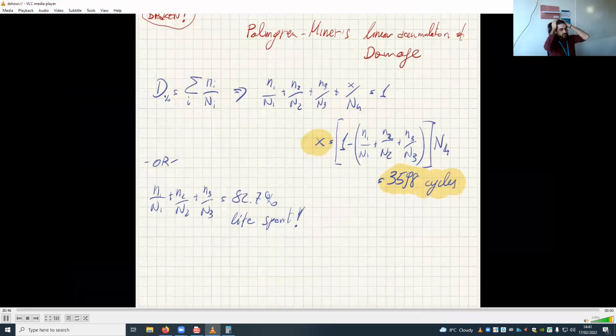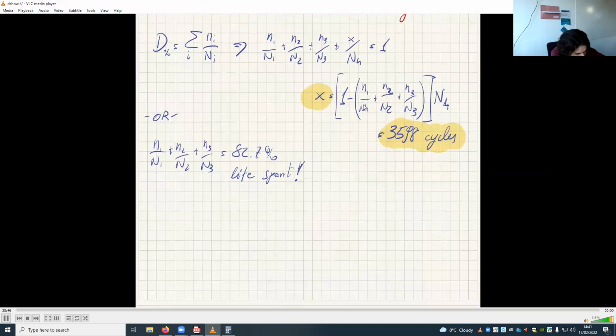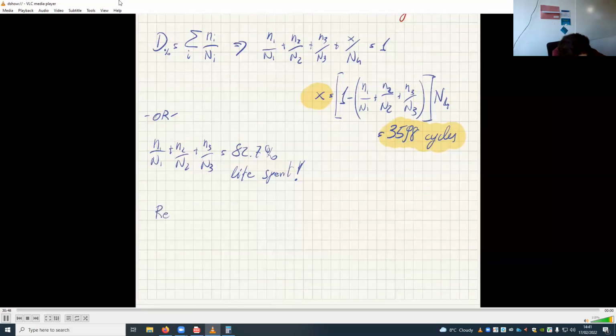So we get this information here that this component has spent 82.7% of its life. So the remaining life, which is of course 100 minus 82.7, is equal to 17.3.